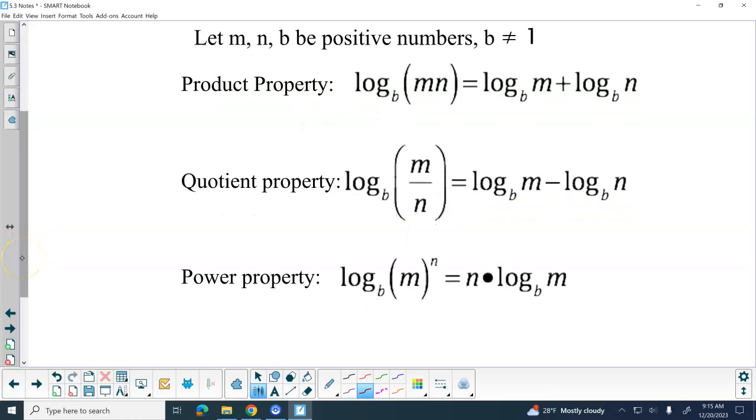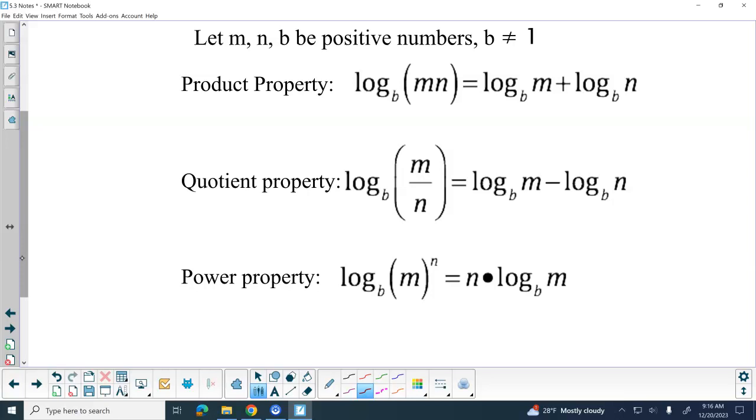It says that if you're adding 2 logs with the same base, you can multiply the arguments together. This will probably be the one you use the most today.